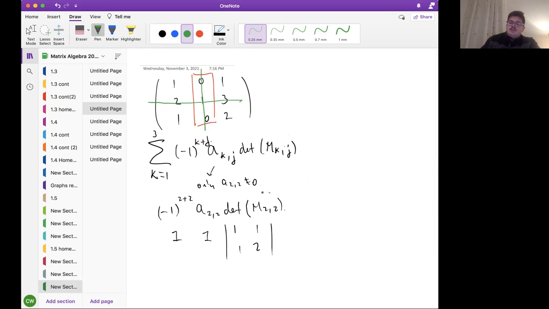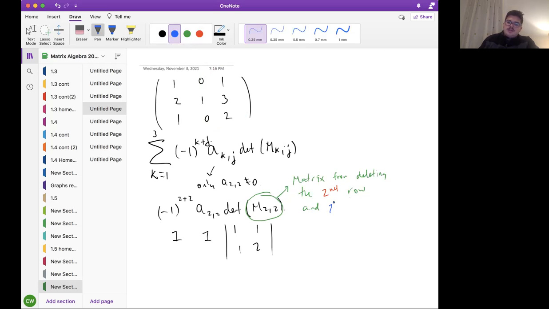The M thing. Explain how that works. Yes, the M thing. So M22 is the matrix from deleting the second row and the second column.